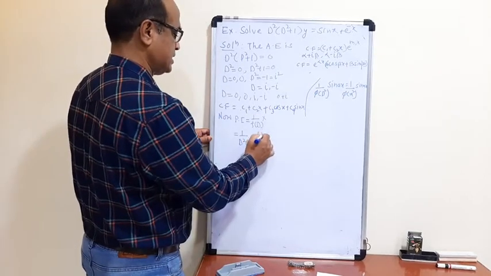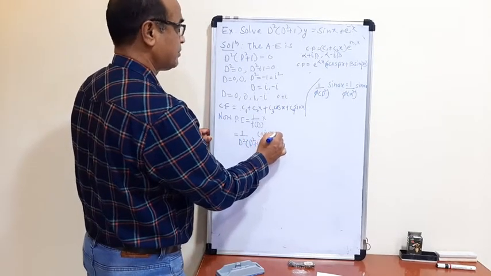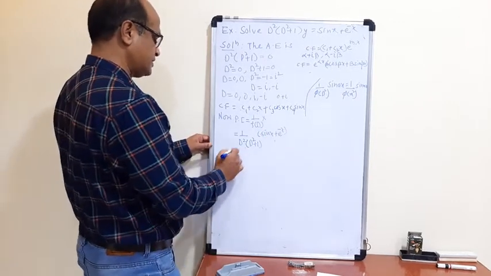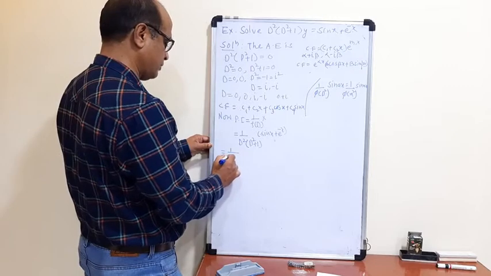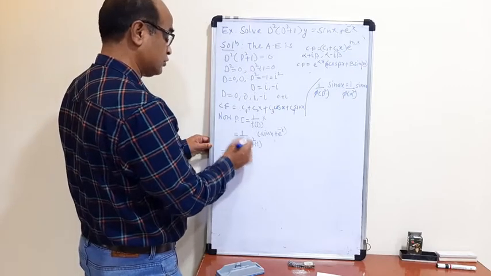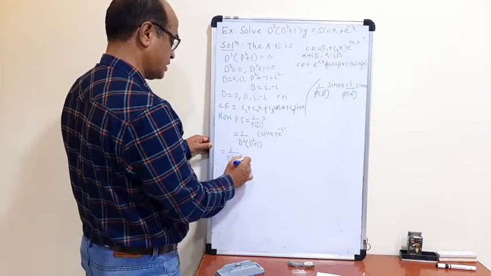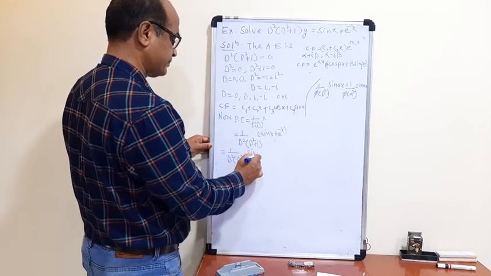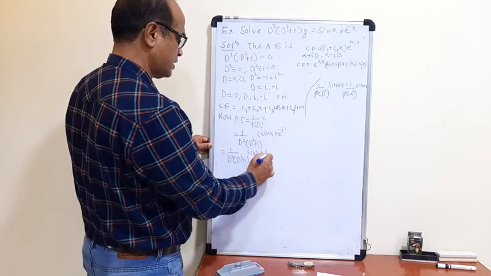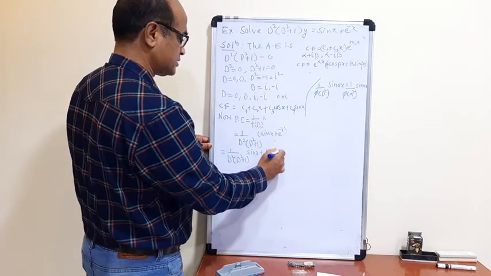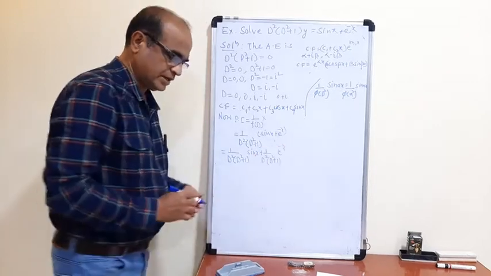X is sin x plus e raised to minus x. So we apply those operators separately: 1 upon D square plus 1 sin x plus 1 upon D square plus 1 e raised to minus x.